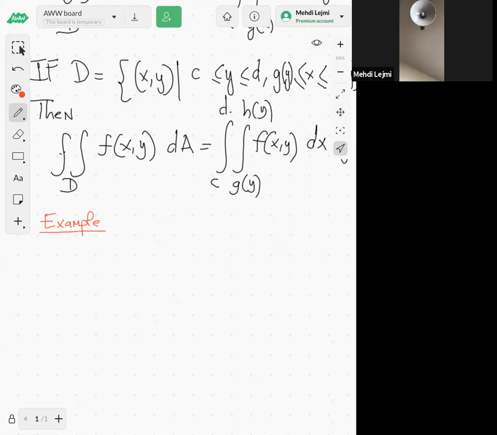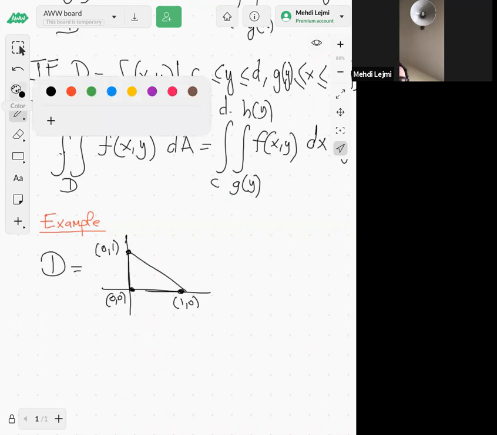Let D be the triangle with vertices (0, 0), (1, 0), and (0, 1). So our region D is just the interior of this triangle.